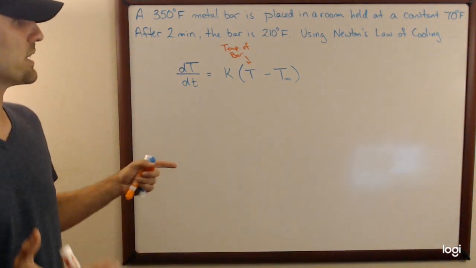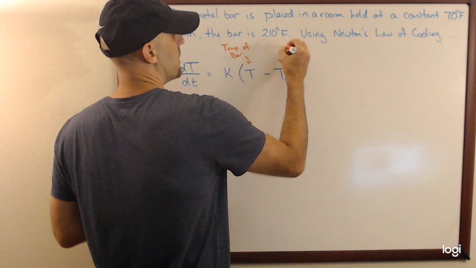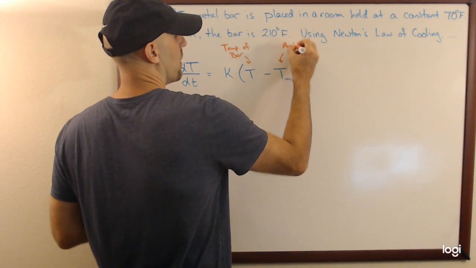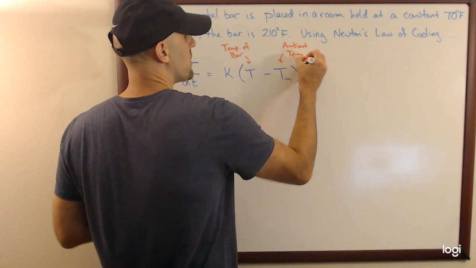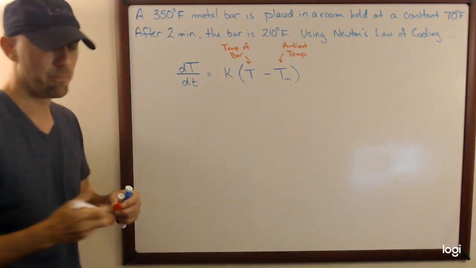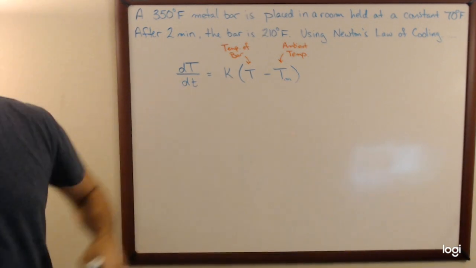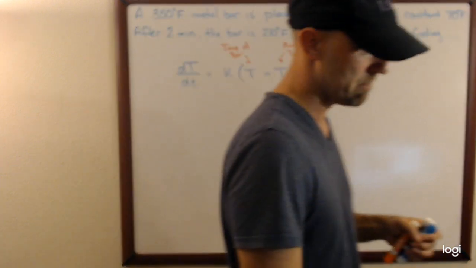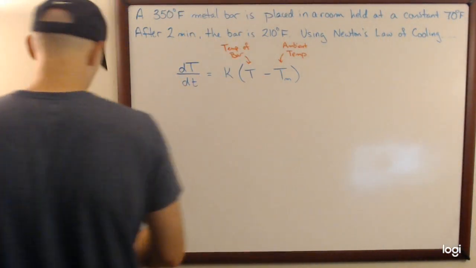The bar is cooling down, so it changes. T sub m is the ambient temperature of the room in this case, and it very specifically says it is constant, so this is not a variable. You could work these types of problems where both are variable, but that's a little more complicated than what we're going to do this semester.